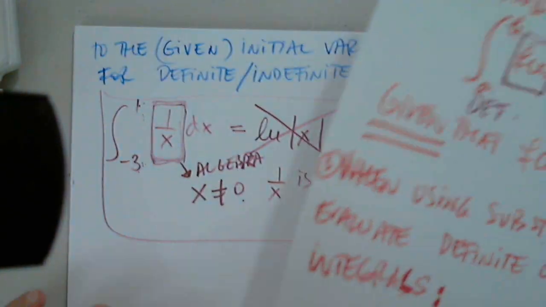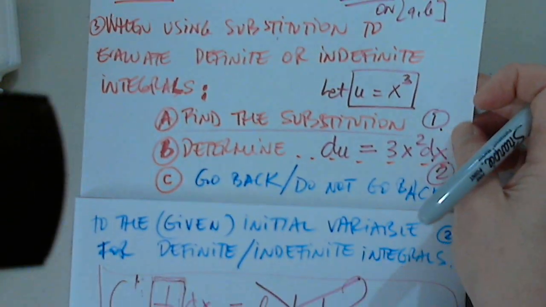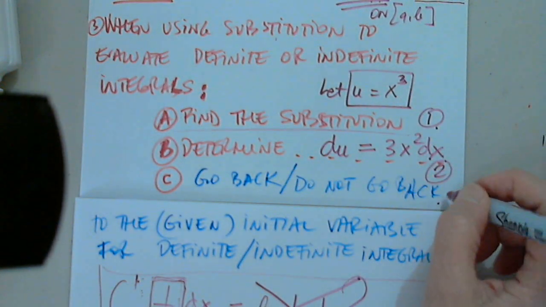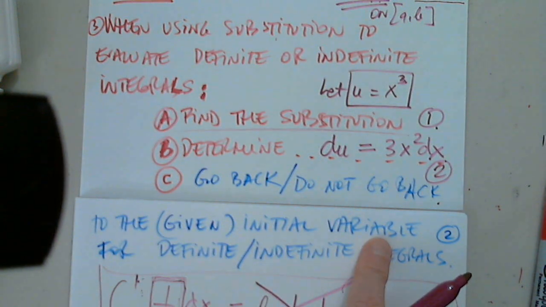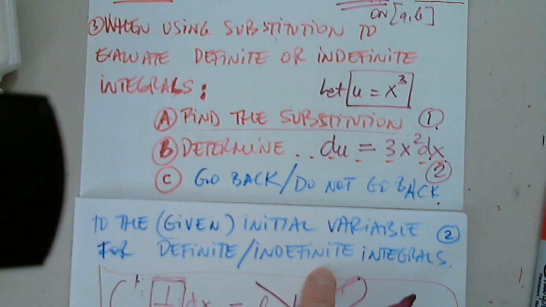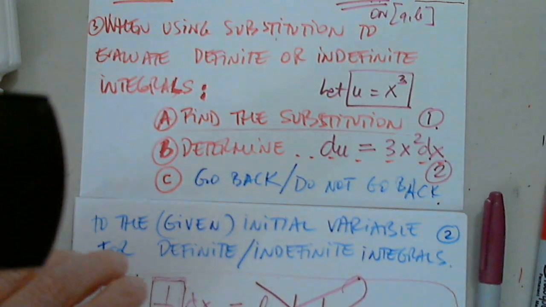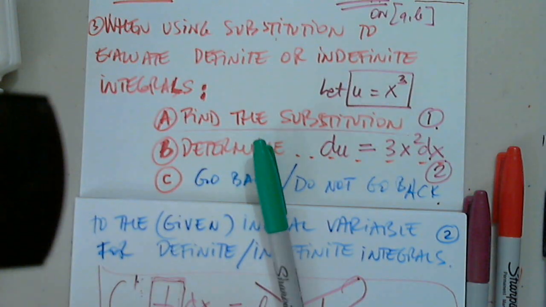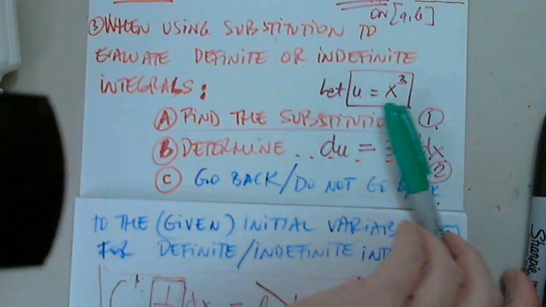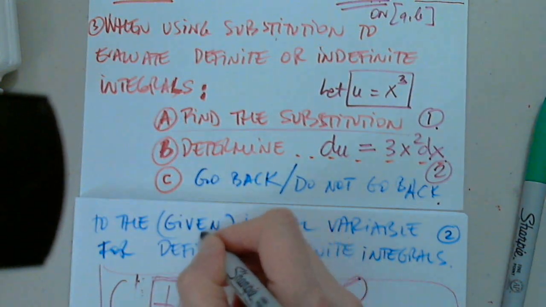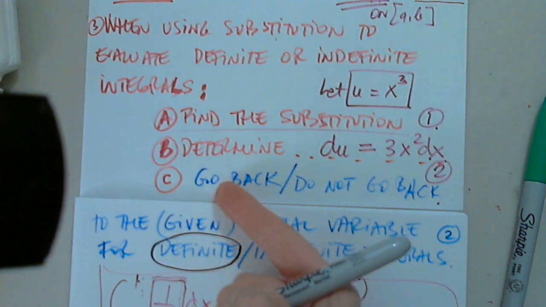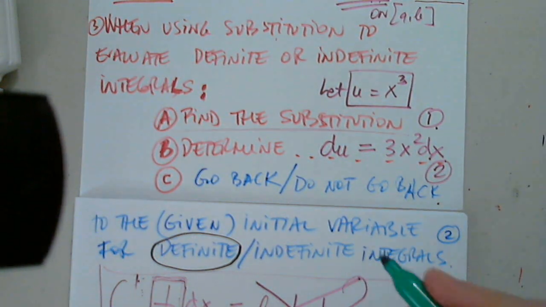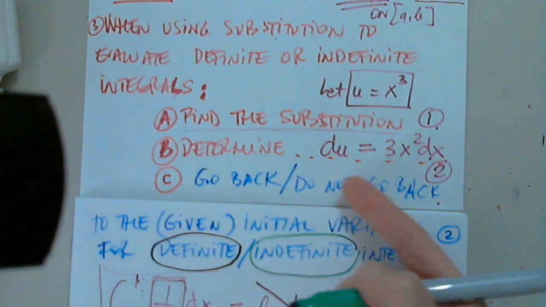Okay, now, final question here. Do we go back or do we not go back to the initial variable for definite or indefinite? I'm going to use green and black. For the definite integral, I'm going to use black, and tell me what I need to circle. For the indefinite, I'm going to use green.